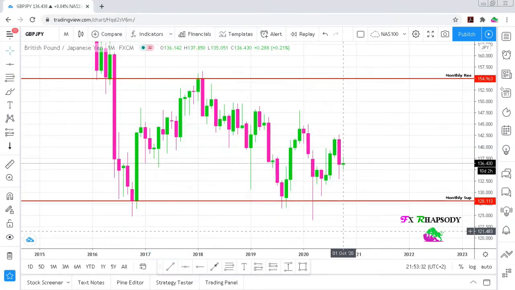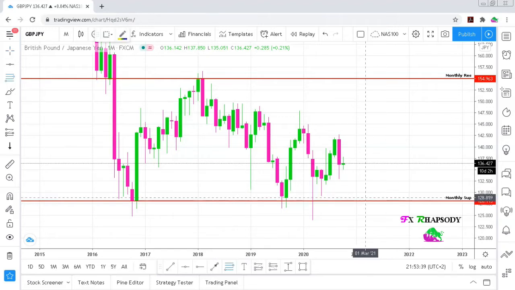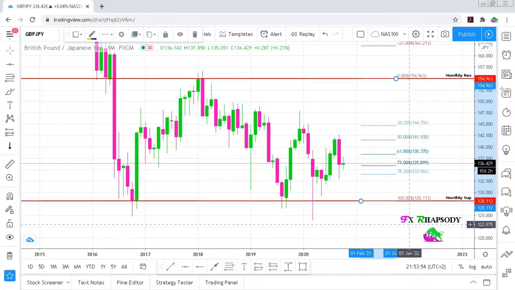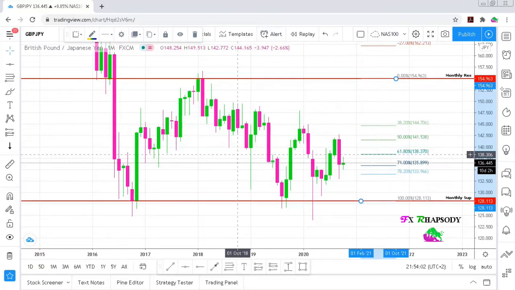Okay, next I want to take out my Fibonacci tool. For those of you that don't know the Fibonacci, I will make some videos about it. I will just take my Fibonacci tool from the bottom to the top. Basically what I want to get is, let's call it, a weekly resistance in between the monthlies.